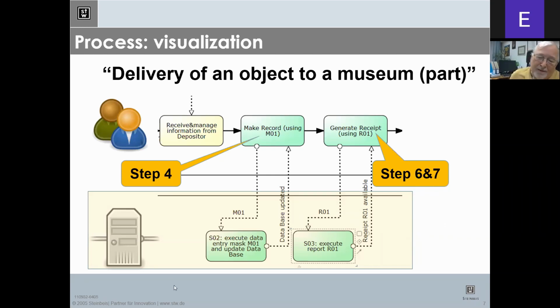And you see here the labels S01, S02 and S03. That is an abbreviation of service. Probably we know since 10 or 15 years, we are speaking about web services.